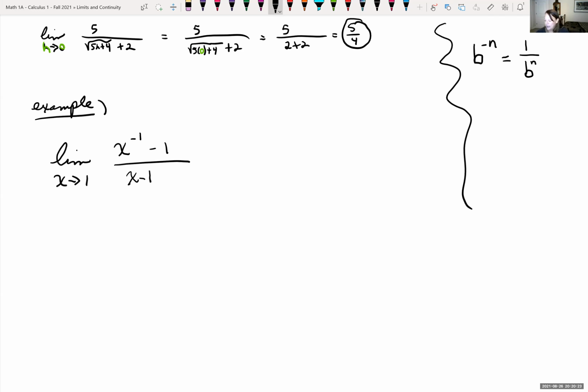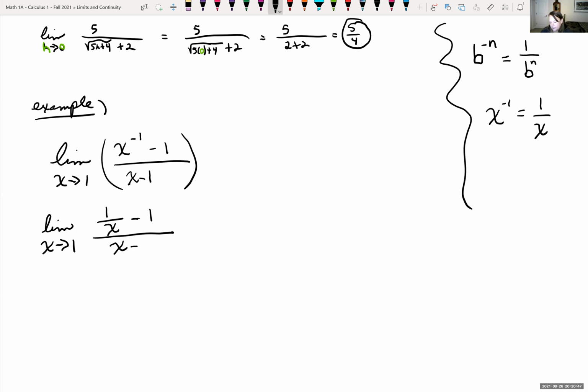And so when I have this x to the -1 power in the function I'm taking the limit of, we can rewrite this as 1 over x to the first power, but I usually wouldn't write that. So just rewriting this with a positive exponent, this is the same thing as the limit of 1 over x minus 1 all over x minus 1. And I can't just throw that x down in the denominator here, because I have more than one term up here in this numerator.